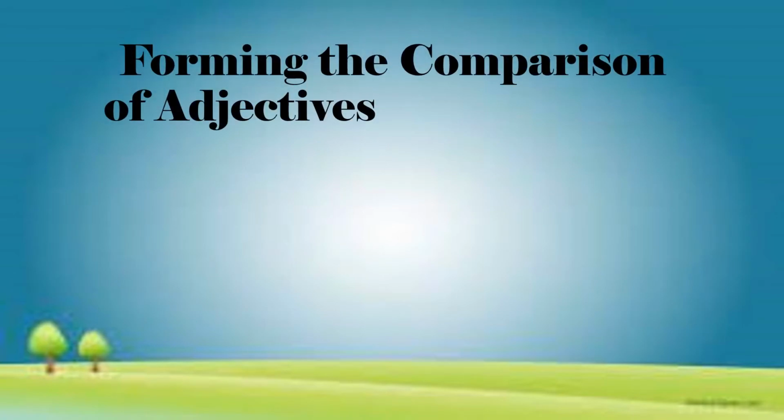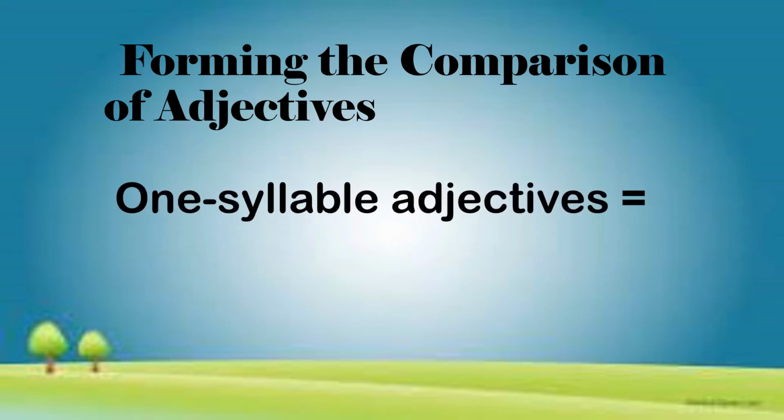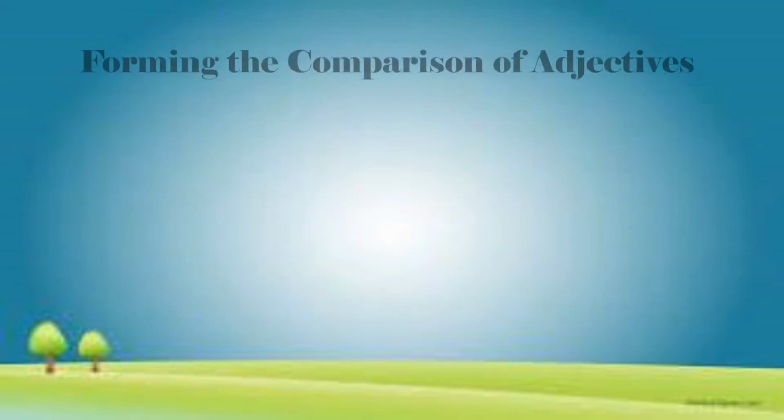To further understand this lesson, we have forming the comparison of adjectives. One-syllable adjectives: near, nearer, nearest. So the one-syllable adjective is near. It becomes comparative degree when you add er, and it becomes superlative when you add est.